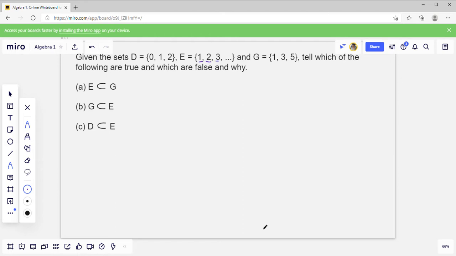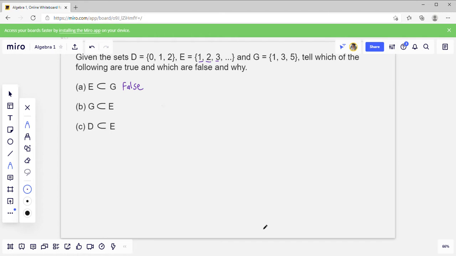So all the numbers after 1 are included in set E. And it's saying E is a subset of G. G only has 1, 3, and 5. So that one is going to be false because we cannot fit E into G. All the members of E are not members of G.